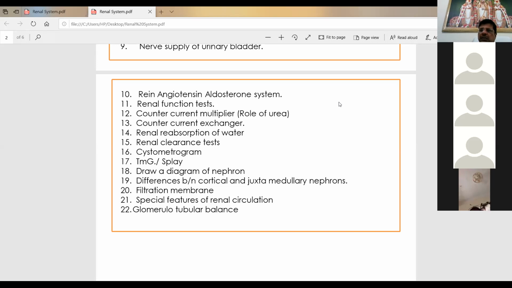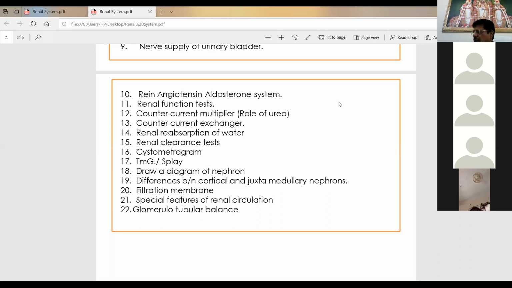The definitions, the normal values, and what are the factors determining blood pressure and factors regulating blood pressure. Please read up. Anything else you want to ask me, or we'll stop this session? 12 o'clock, Arpana will start with the splanchnic circulation.